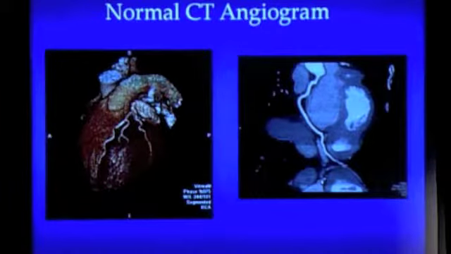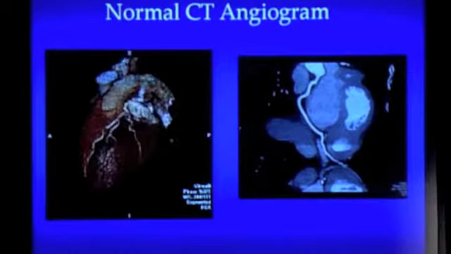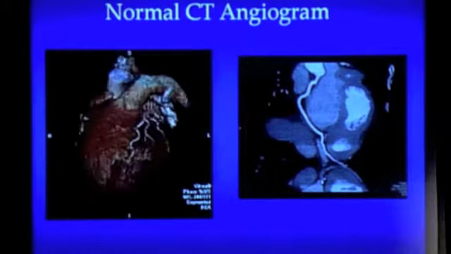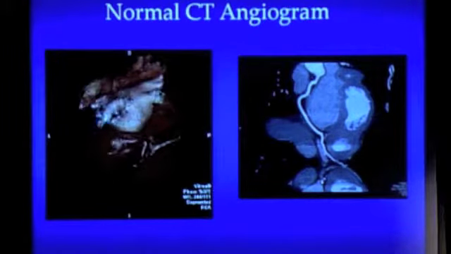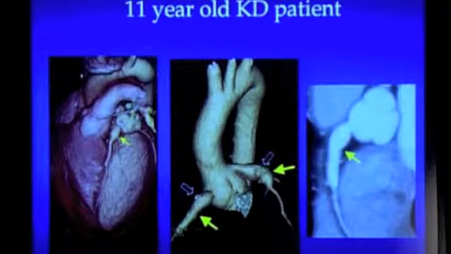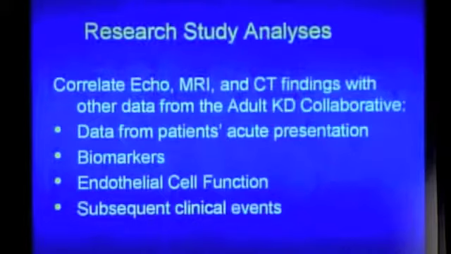So here's an example of a normal CT, and here you can see we see the arteries very, very well, and here we've laid out one of the arteries using a different display technique, and you can see this is a normal CT. And by contrast, here's an example of a Kawasaki patient who has marked dilatation of the coronary arteries, and you can see there are aneurysms of both the right and the left coronary arteries, and we can see these very, very well and define the anatomy using this technique.